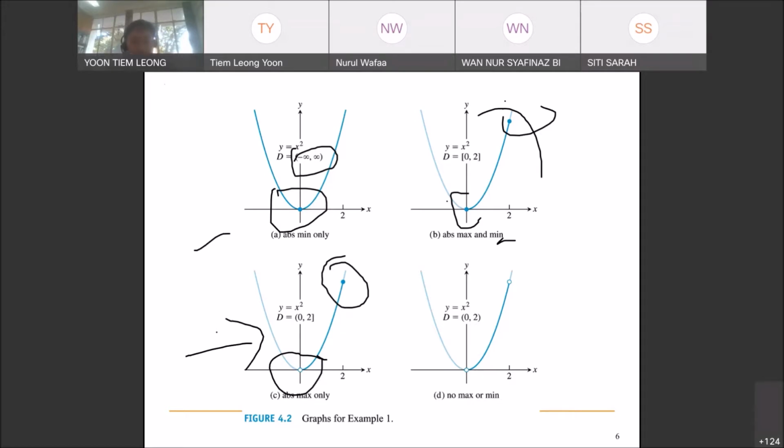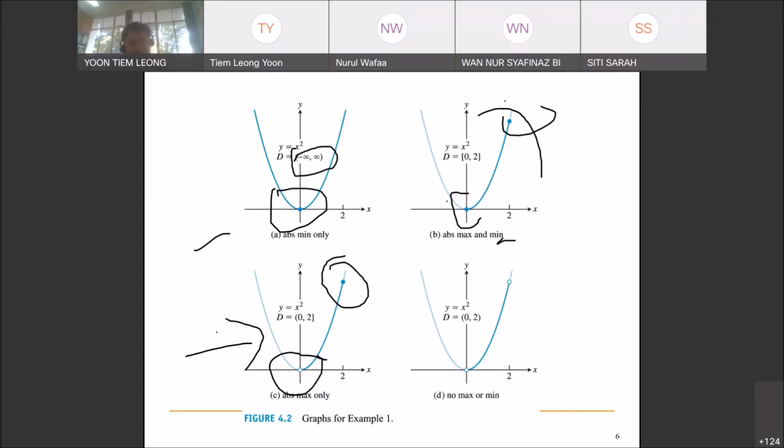So think of some number within the interval open at 0 and with 2 included. Any number close to 0 would not be the absolute minimum, because there will be a number smaller than any number that you choose for x, as long as x is not 0.